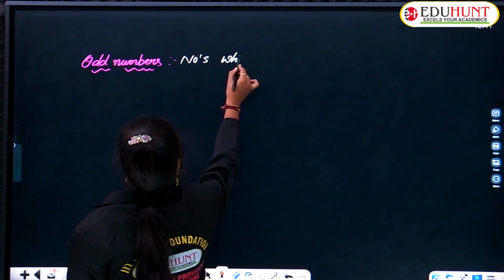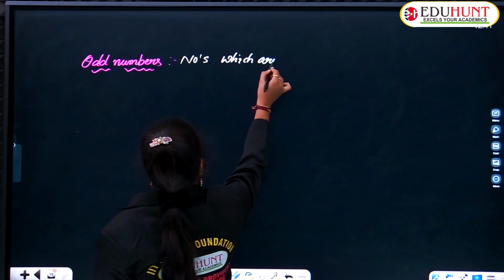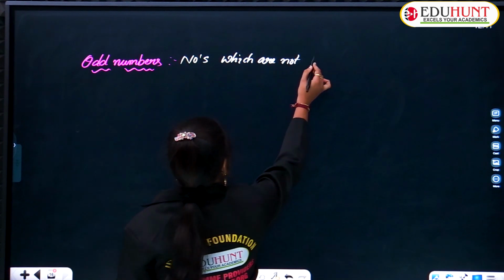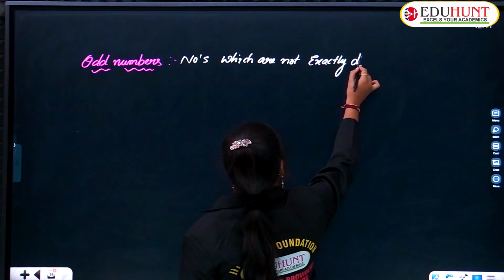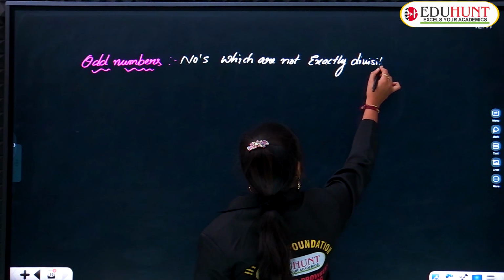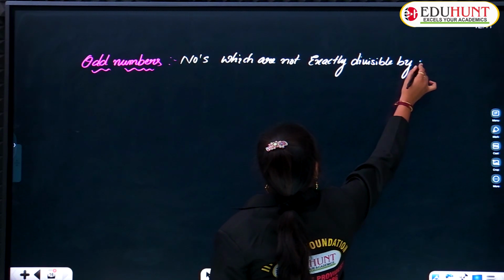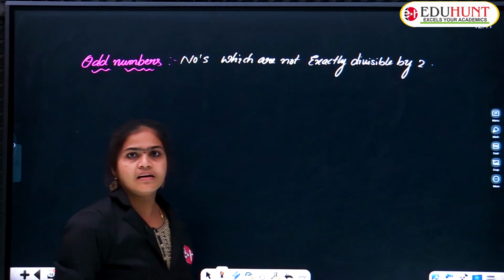Numbers which are not exactly divisible by 2, those numbers are known as odd numbers.